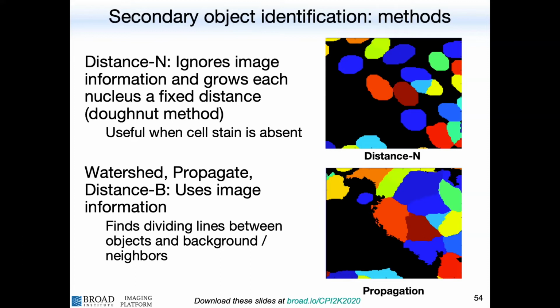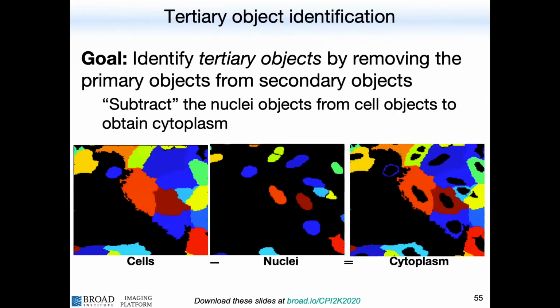So we want to use a method here for our experiment, for our question today, that treats both positive and negative control the same. So that's why we are suggesting distance N here, because there are about half of the images that don't really show any GFP in the cytoplasm. So it would be hard to detect the cells. But again, what you choose depends on your goal and your biological question.